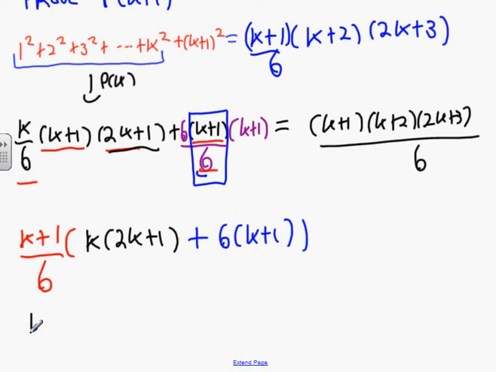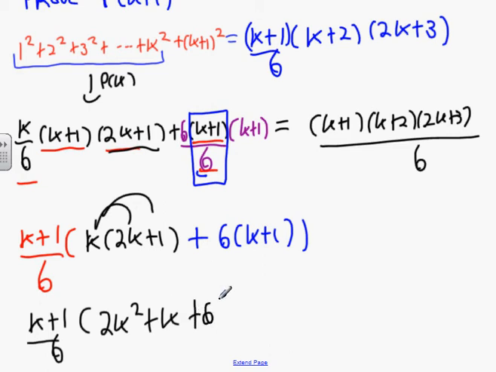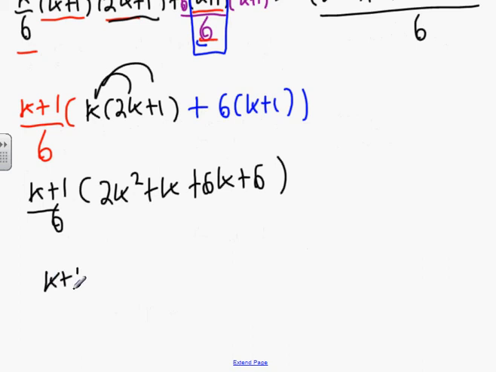What I'm going to do next is k plus 1 over 6. I'm going to multiply this out: 2k squared plus k plus 6k plus 6. And then I'm going to get k plus 1 over 6 into 2k squared plus 7k plus 6.